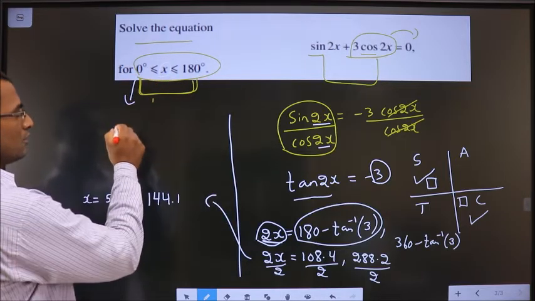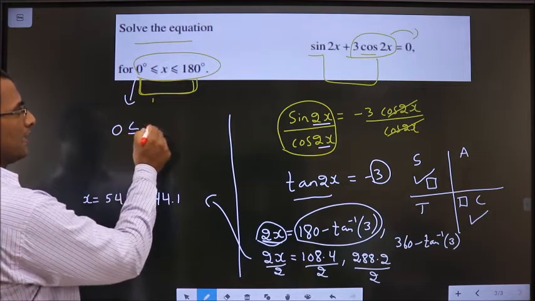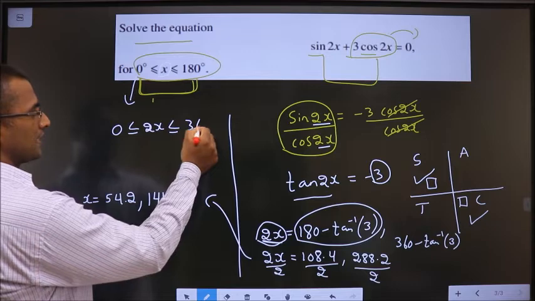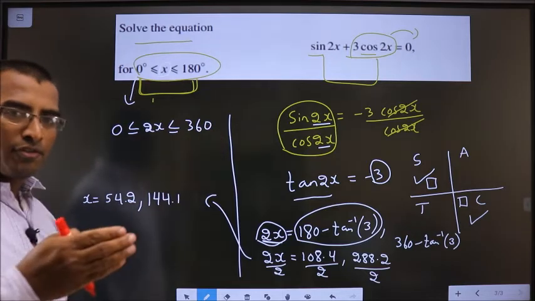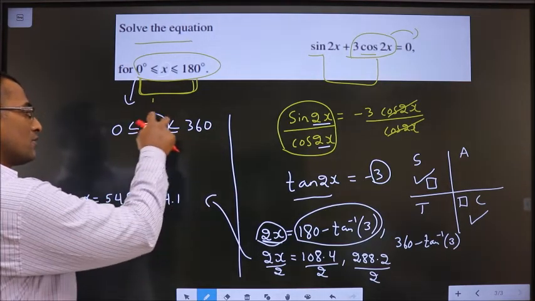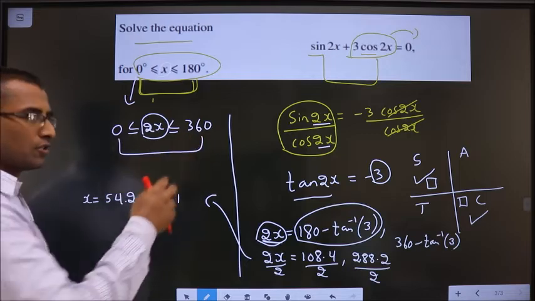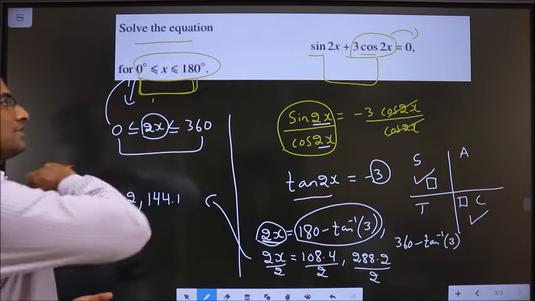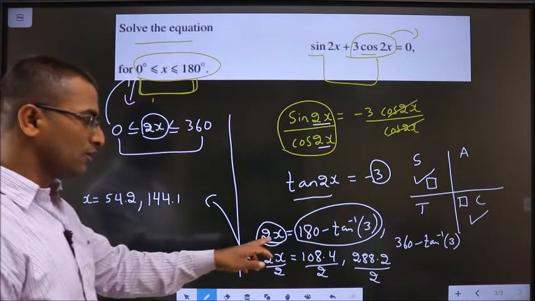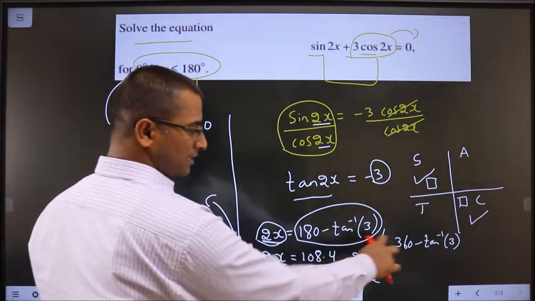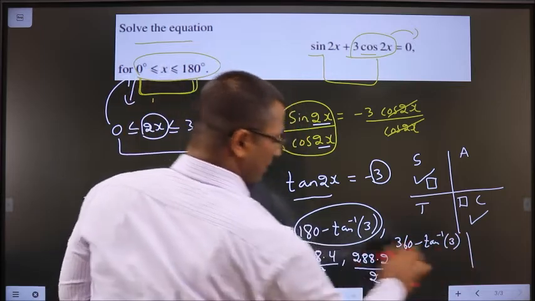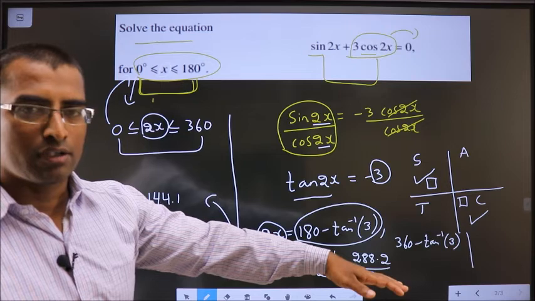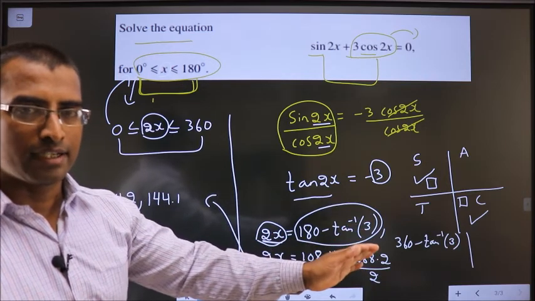So I get 0 less than or equal to 2x less than or equal to 360. If you take 2x values lying between 0 to 360, automatically x values will lie between 0 and 180. Here you check, 2x values lie till 360 as the highest. I have not taken any other value for 2x. I stopped over there. Okay.